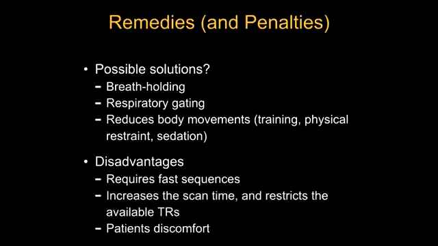The disadvantage is that sometimes your MR sequence is limited by the breath holding, or you have to increase the scan time or restrict the available TR, or simply the patient feels very uncomfortable.